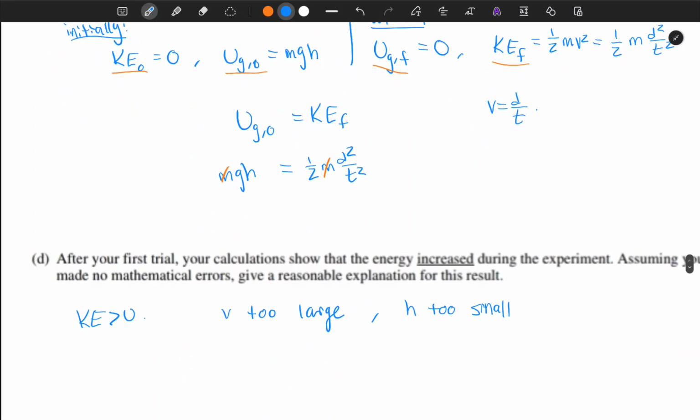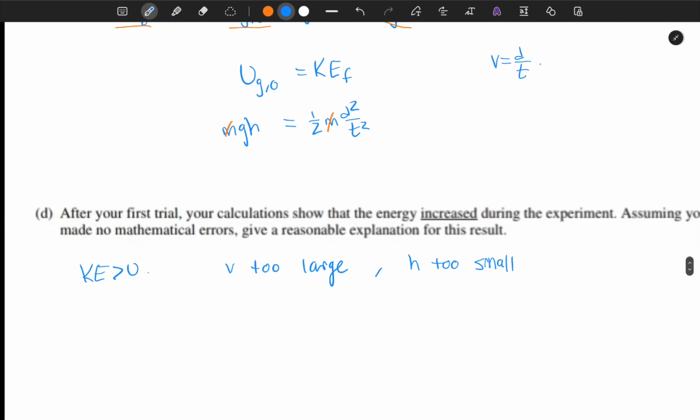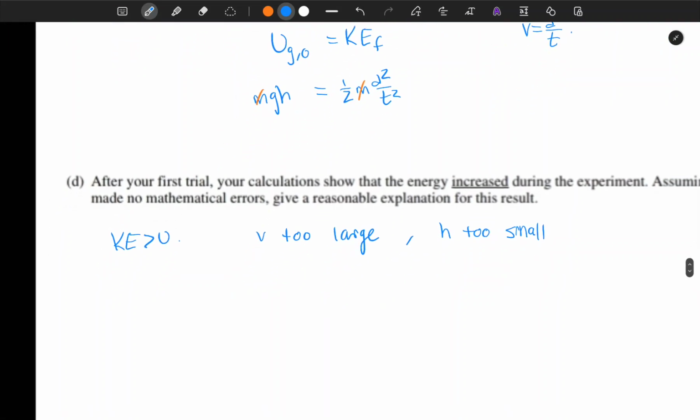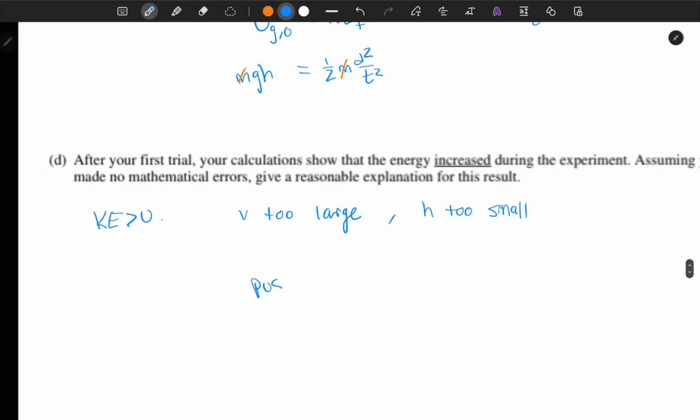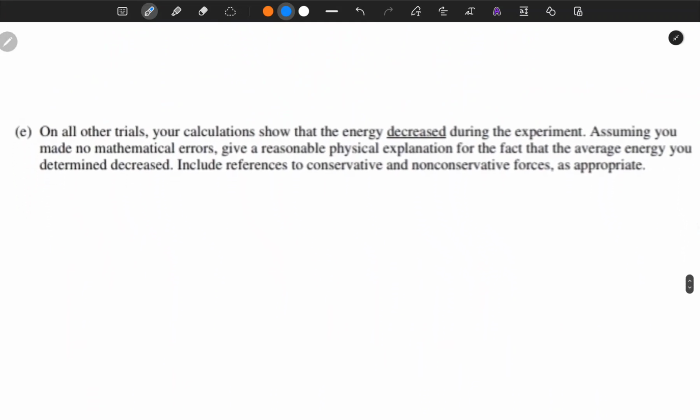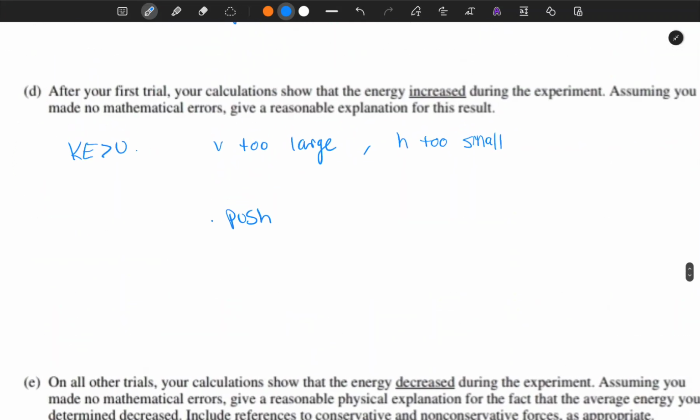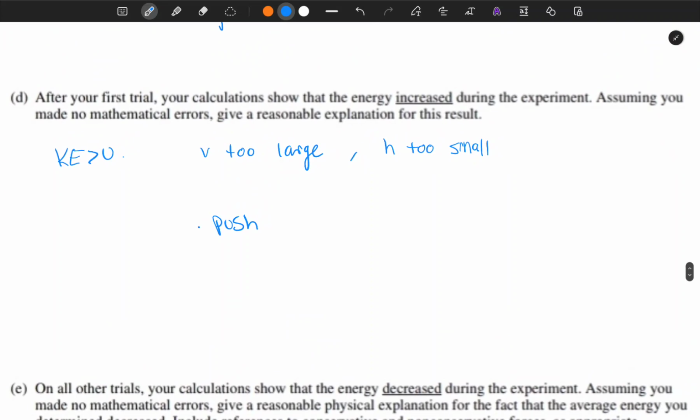If this were the case, t would be too small, meaning that v would be larger than normal. Another example of how this could have been caused is by unintentionally pushing the cart down the ramp. So a push could have been an example of what happened. As a note for grading here, a student gets 1 point for a reasonable cause for the energy increase and 1 point for a reasonable explanation for this cause.